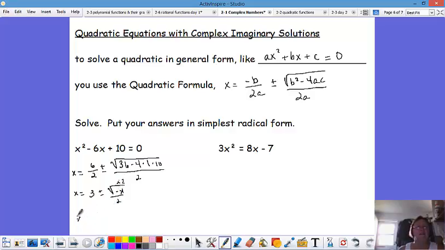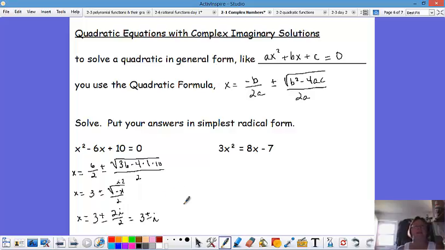So that means that our x's are 3 plus or minus 2i over 2. And we can certainly simplify that last to say that our x's will be 3 plus or minus, and the 2's cancel. So 3 plus or minus i are our two answers for that quadratic.